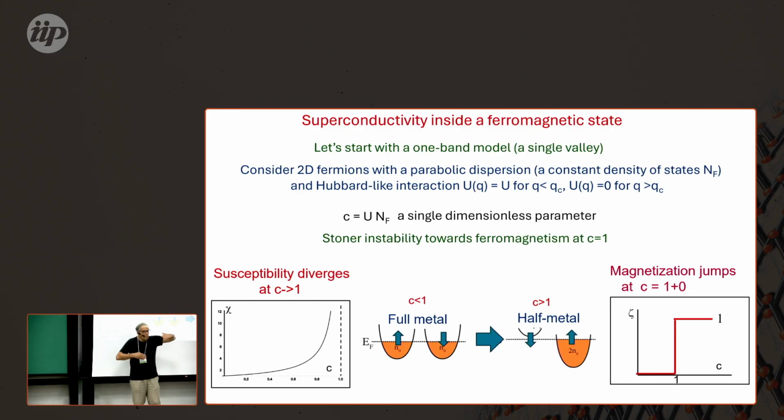Because when you have maximum magnetization, basically all fermions move from one Fermi surface to the other. You enhance the chemical potential in one of the bands by a factor of 2. Remember, density of states is a constant. But for the other band, you have a gap. And the gap is proportional to this parameter C minus 1. So as you increase C, you have gapped excitations for the down fermions.